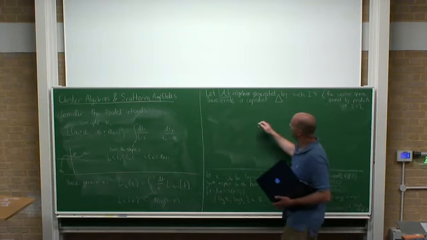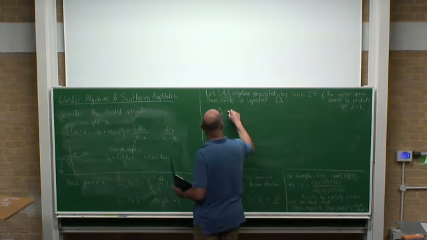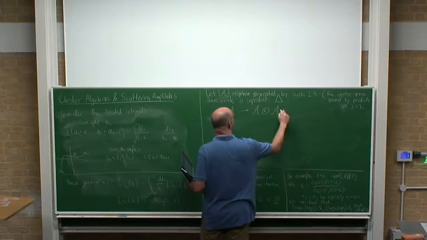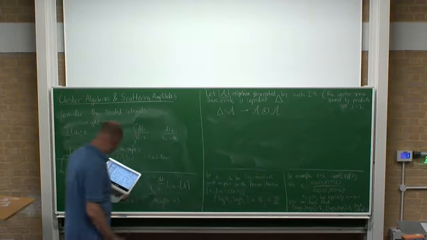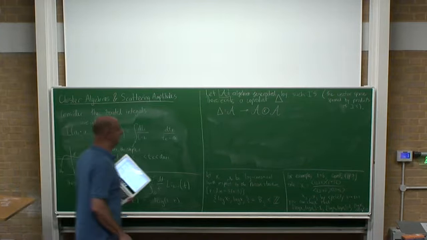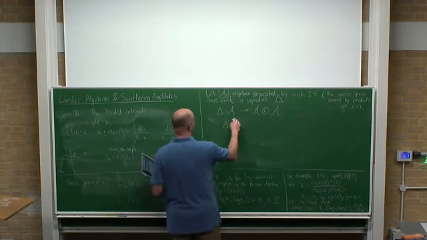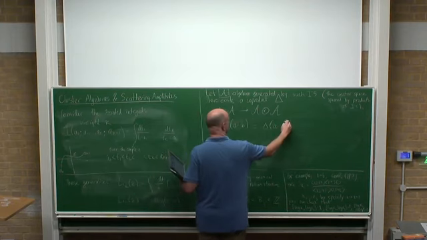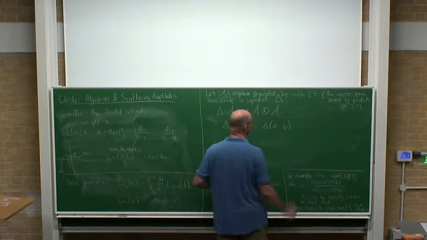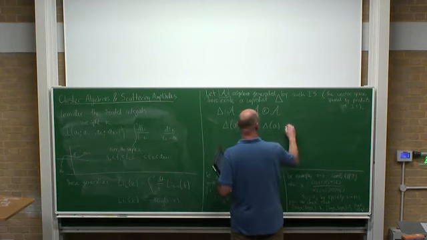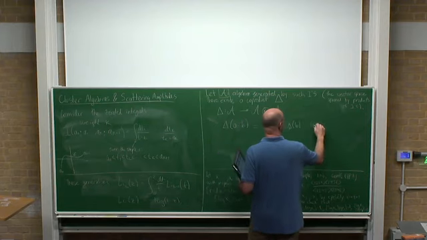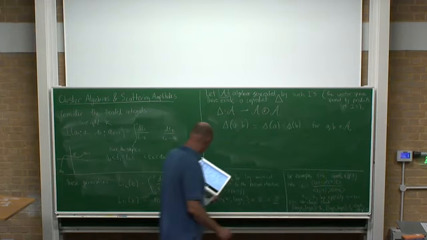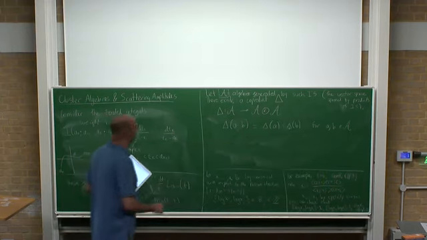So there exists a coproduct that maps A into A tensor A, and it's compatible with multiplication. And it's co-associative.